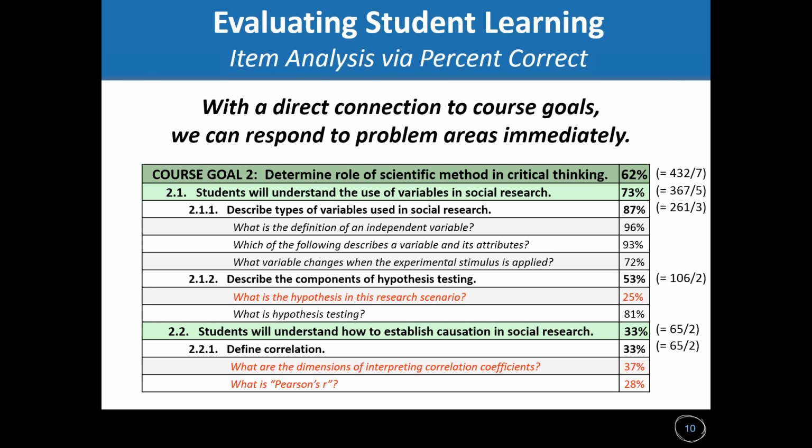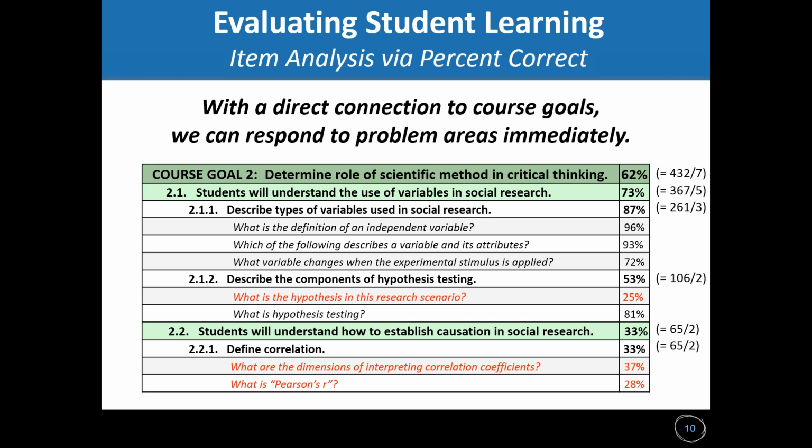And then what is hypothesis testing in and of itself? 81% got that correct. So if I wanted to find out overall how well my students know the components of hypothesis testing, I would average 25% and 81% to figure out what that number is, and it's 53%. It's considerably lower, isn't it?